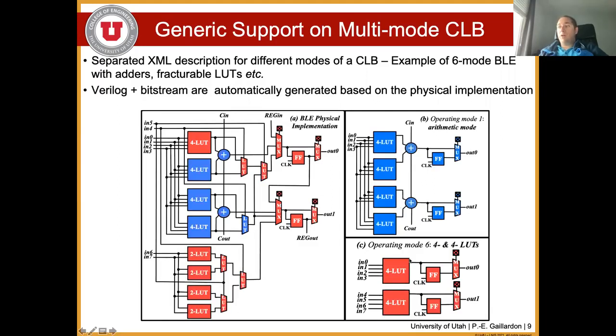Similarly, we can have 2 fully independent 4-input LUTs, and those will be the various blocks that are used. So we do support this notion of multi-mode, where we have ways to describe the physical description and the various logical modes and how they map one to another, which makes it possible for our tool to generate the bit stream accordingly.